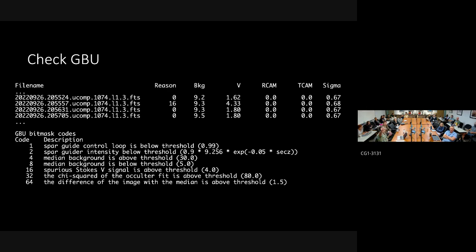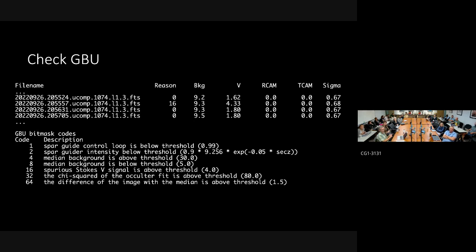That first column there, reason, is a bitwise sum of the conditions that it failed. So 0 means it's good, right? It had no reason to be bad. 16 means condition 16 there failed. If it said 3, that would mean that conditions 1 and 2 failed, right? So it could have multiple things failing. We eliminate them at this point here.